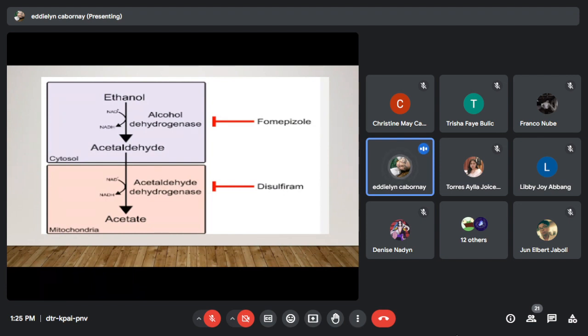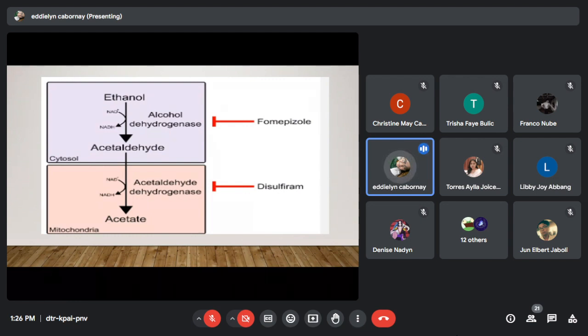These toxic metabolites are called acetaldehyde. So by blocking this enzyme, fomepizole prevents the formation of toxic metabolites, providing a treatment for alcohol poisoning. So acetaldehyde will not form because it inhibits the alcohol dehydrogenase from converting ethanol to acetaldehyde.